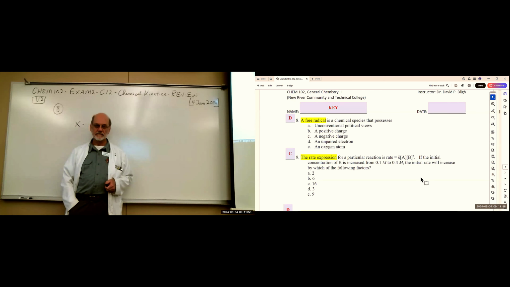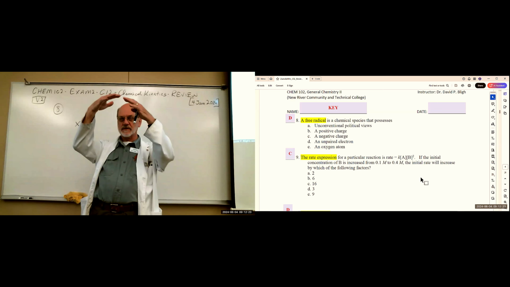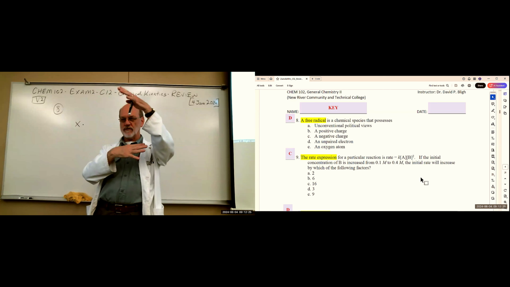So there are a number of dietary supplements or food products that are advertised as being free radical scavengers. They are usually molecules that have double bonds. They have that pi system, which makes the electrons out there a little more available.